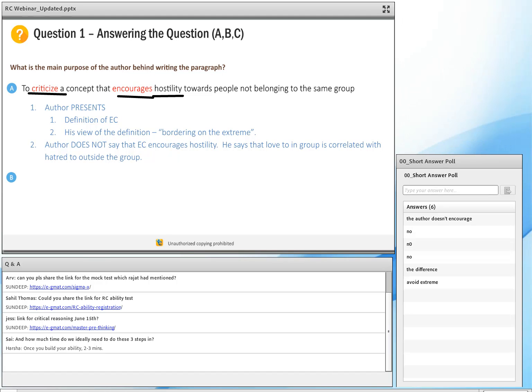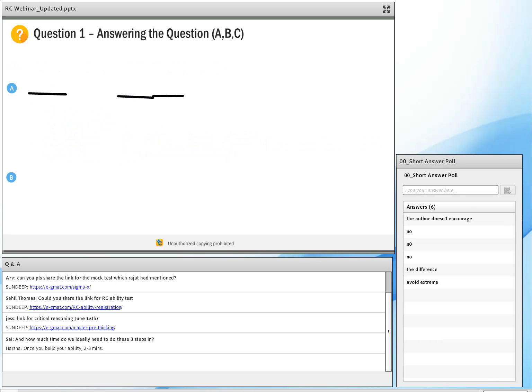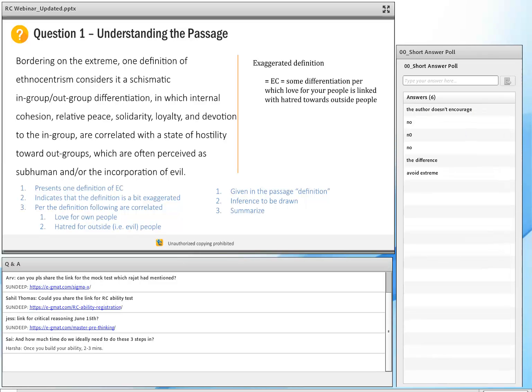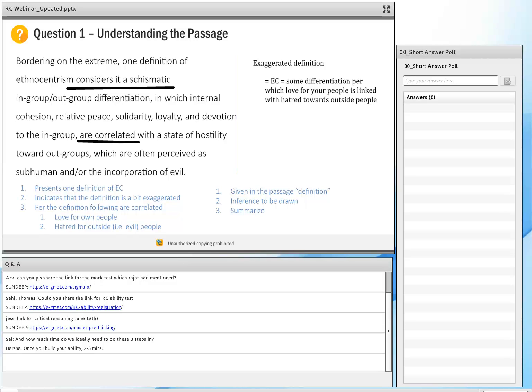So let's look at the passage once again. If you look at this passage, what the author says is one definition of EC considers it an in-group out-group differentiation, in which this is correlated with a state of hostility towards the out-group. So what does the word correlation mean?